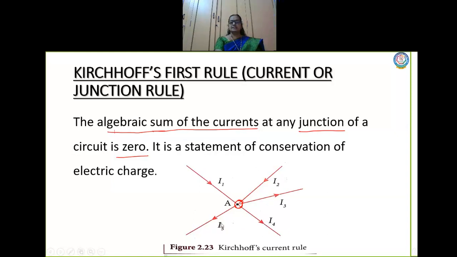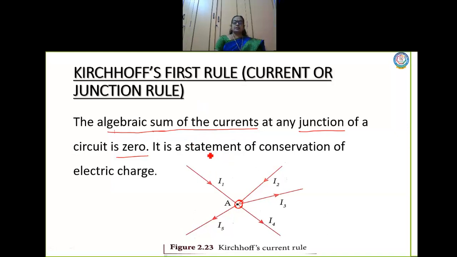So let us consider this to be a junction, and the law states that the algebraic sum of the currents at any junction of a circuit is considered to be 0. Now this is in accordance with the conservation of electric charges.